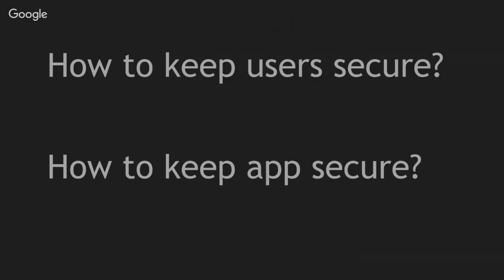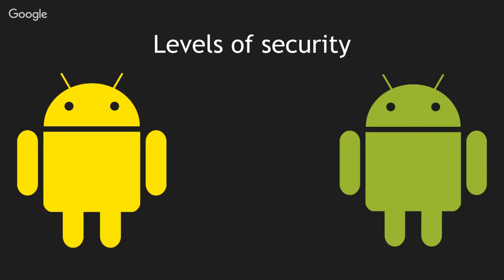Also, this talk has the form of a series of tips that you can apply to your apps, and I divided those tips into two groups. One marked with a yellow Android, which are tips that can be hacked in a moderate way, but it's still good to apply them to your app to increase the security a little bit.